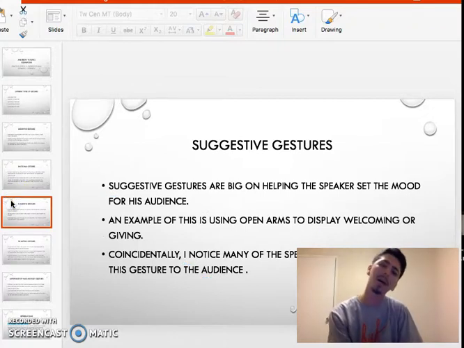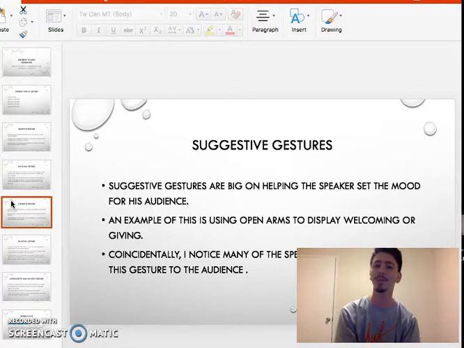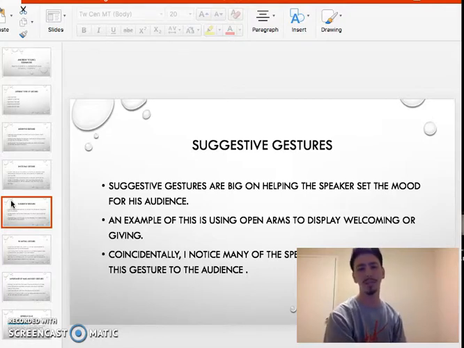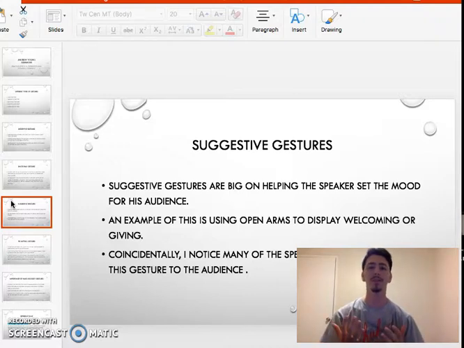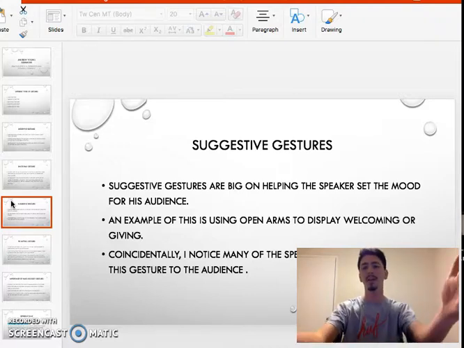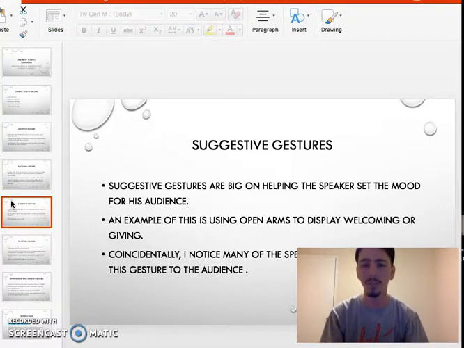Suggestive gestures, I haven't gotten too familiar with them. What I could tell you about suggestive gestures is that I see them a lot in church. People in the audience will open their hands, or open their palms, as a sign of welcoming, or giving.